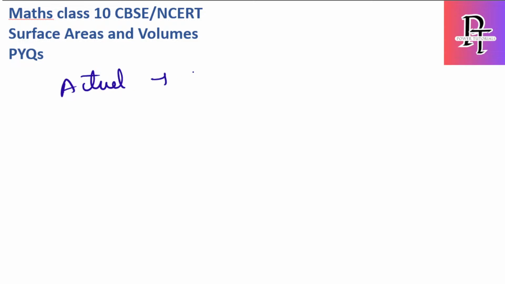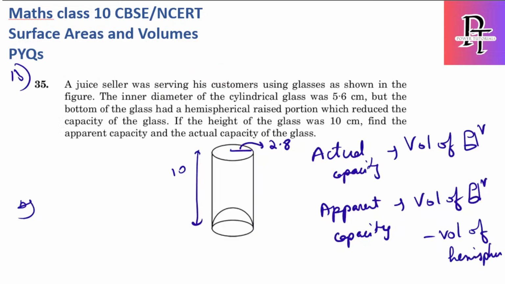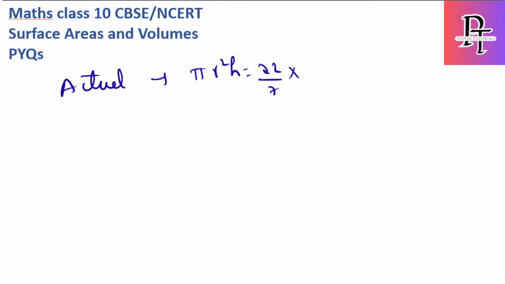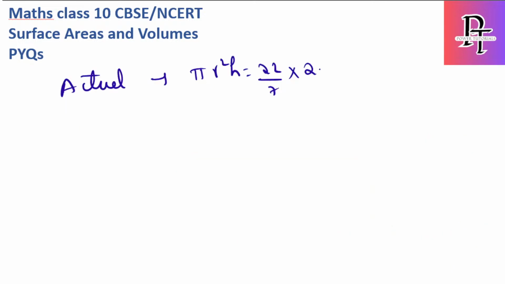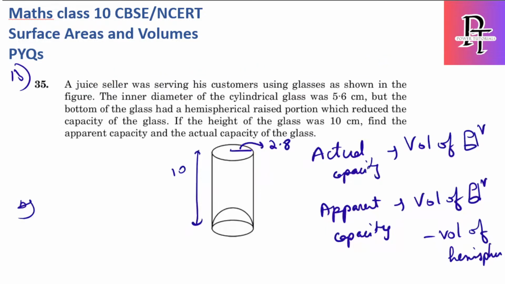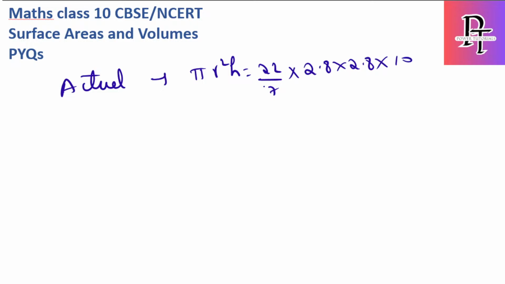This volume of cylinder is pi r square h, so it is 22 by 7 into radius, which is 2.8, into 2.8, into height. Height is 10. 7 into 0.4 is 2.8.